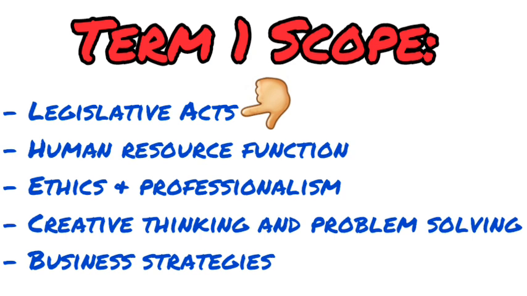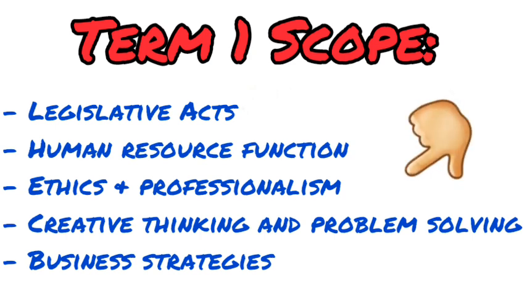So when you're choosing legislative acts, you can either study all 9, which means you'll be prepared for 9 essays, or you can study the rest of the topics: the human resource function, ethics and professionalism, creative thinking and problem solving, and business strategies. Because what I think will happen in your term 1 question paper is that you're going to have 2 questions. One of them is going to be on legislative acts, and the other one is going to be on one of those 4 topics underneath.